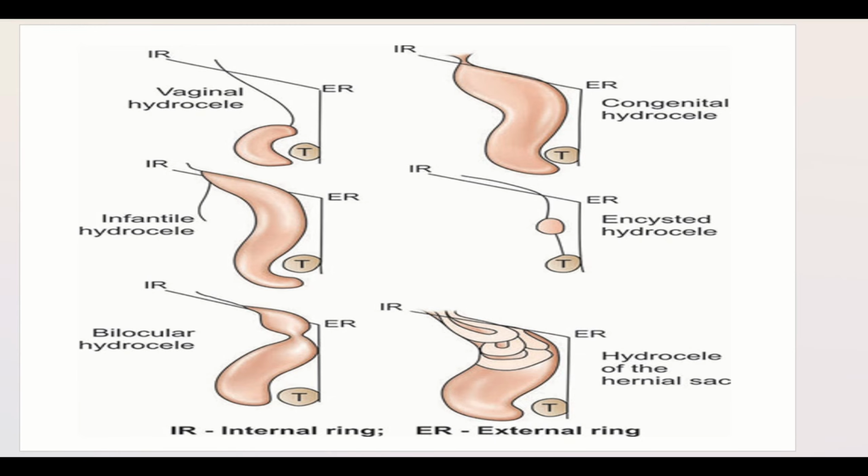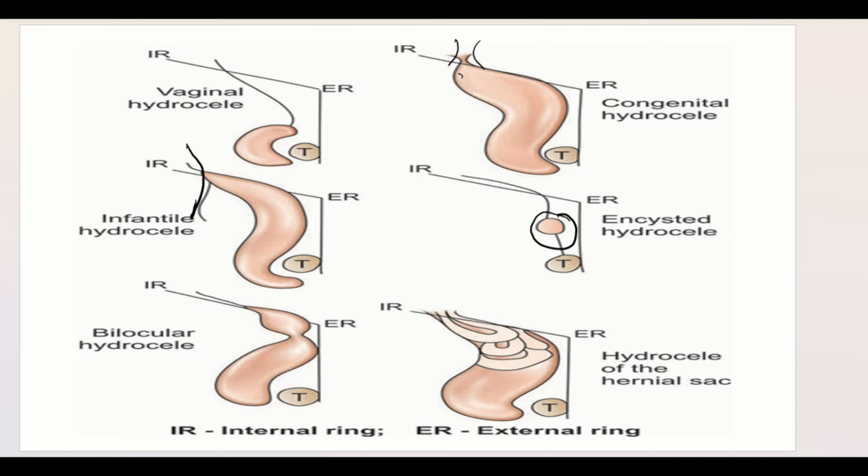This diagram is a kind of summary of today's entire discussion. So this is vaginal hydrocele. As you can see, it is limited to the scrotum. This is congenital hydrocele. Here we have communication with the peritoneal cavity. Infantile hydrocele looks similar to congenital hydrocele, but there is no communication with the peritoneal cavity.